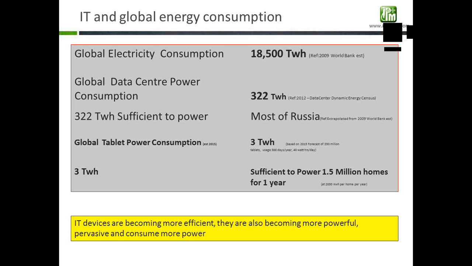You can talk about IT vendors and chip manufacturers saying my chips are more efficient, but again, they are becoming more powerful and more feature rich. Many years back we had simple mobile phones, today we have smartphones, with more functionality and at the same time more power consumption. So these IT devices, which are small and powerful, are becoming very pervasive, and in aggregate they consume a lot more power.